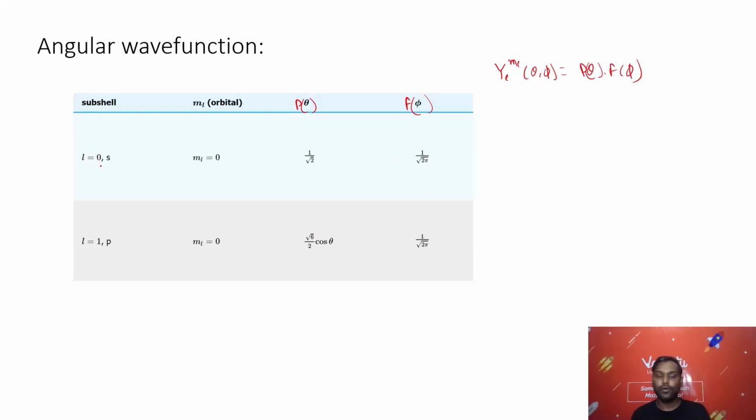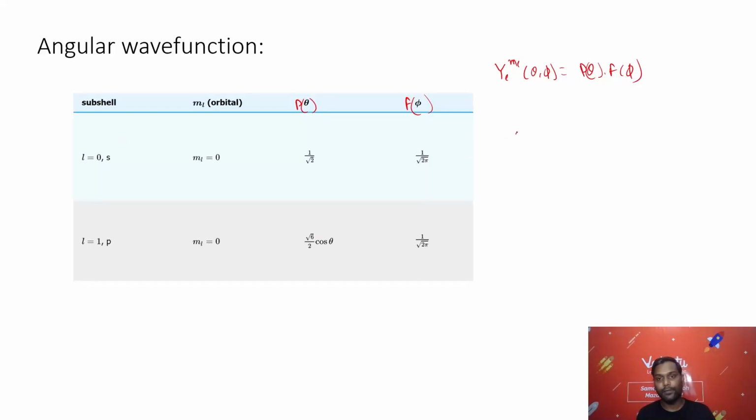For the s subshell, l would be 0 and ml will have only one value, that is one orbital only, which corresponds to ml equal to 0. Both Θ(θ) and Φ(φ) are independent of theta and phi, meaning it's a constant value. So the multiple of these will give us the angular wave function for any s orbital.